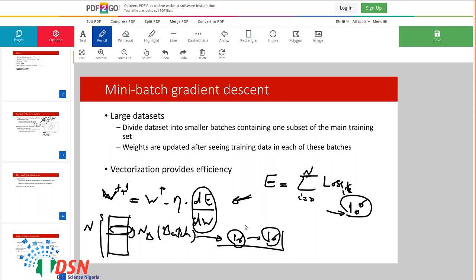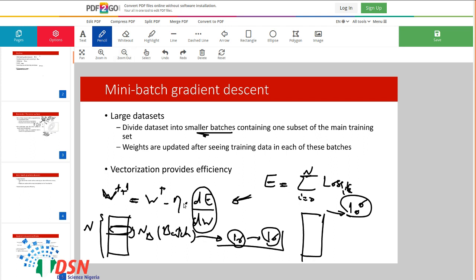This is a really good way to alleviate the problem of large data sets. So we just use smaller batches than the whole data to calculate the gradient and run the backpropagation.